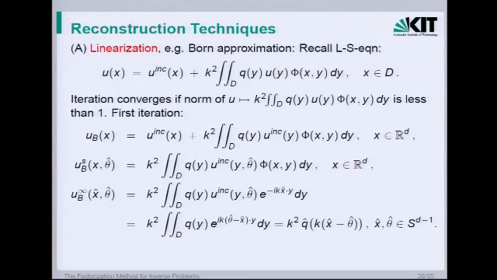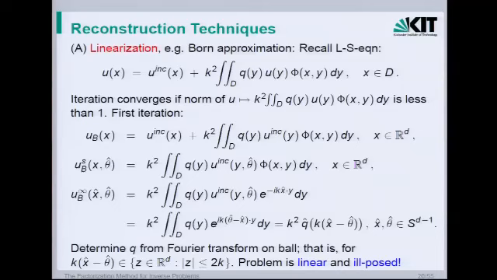Maybe there's also a constant there; that is a matter of definition of the Fourier transform. So in the Born approximation, the far field pattern is essentially the Fourier transform of Q, and as an argument you have k times x hat minus theta hat.